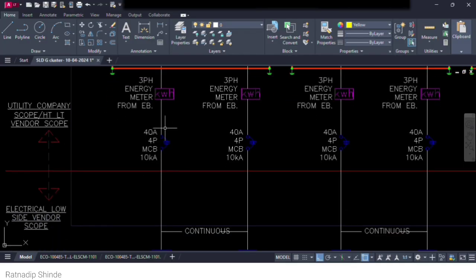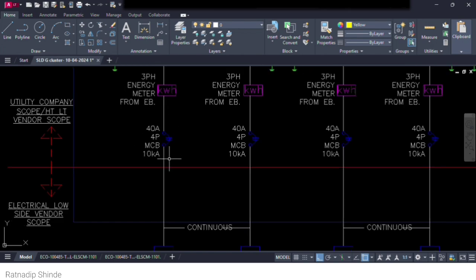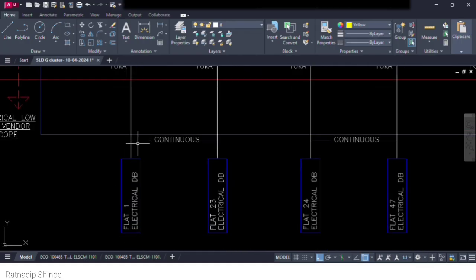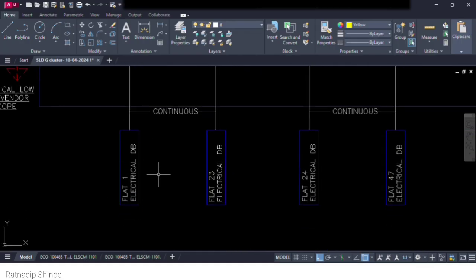There we connect a 4 pole MCB, with a 40 ampere current rating and a 10 kilo ampere short circuit current rating. Now it's going to the flat electrical supply, and then further distribution will be from the flat's DB.